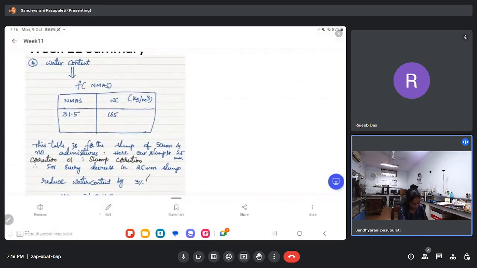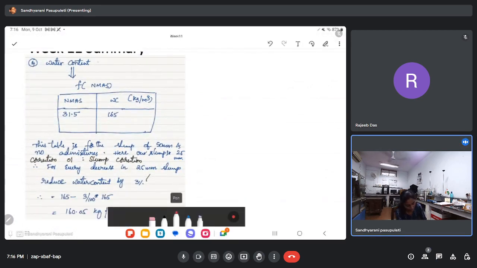Once we know that, the next component is water content. Again, this water content is a function of nominal maximum aggregate size. Our nominal maximum aggregate size is 31.5, and corresponding to that, 165 kg per meter cube is the water content. But this table is for a slump of 50 mm and when there are no admixtures.